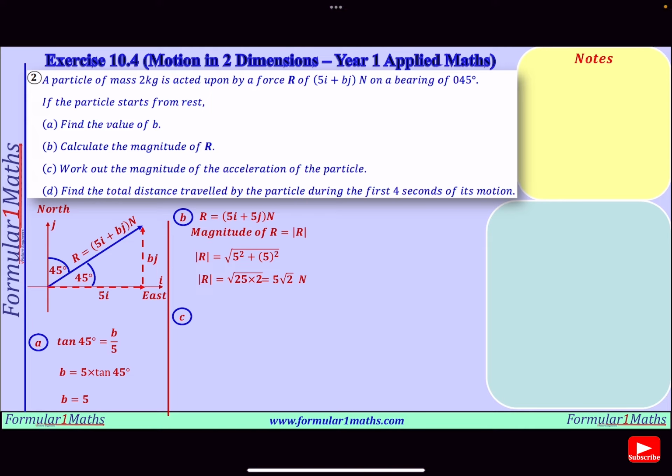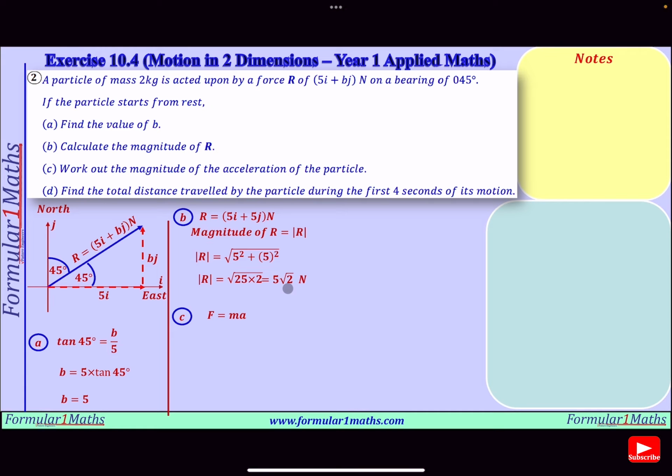For question 2c, work out the magnitude of the acceleration of the particle. This is where we use Newton's second law of motion, which states that F is equal to ma, where F is the resultant force on the particle, m is the mass, and a is the acceleration. We know the force acting on the particle is 5 root 2 newtons.